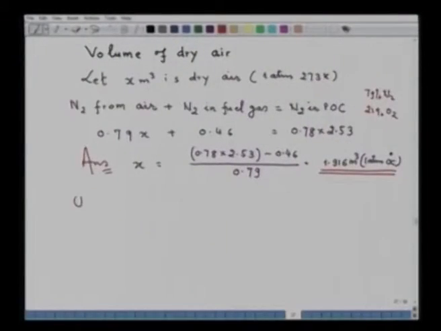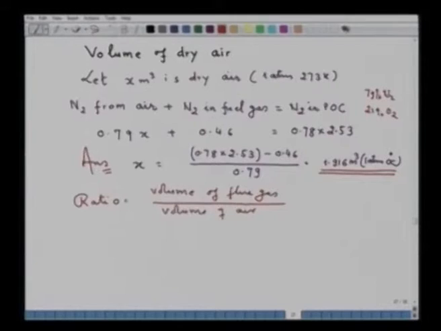So, if you calculate, for example, the ratio, say volume of flue gas upon volume of air, it is just to get a feel, though it is not given in the problem, because from the solution of the problem you should also analyze it and see whether you can get some feel about the ratios of different inputs and outputs.